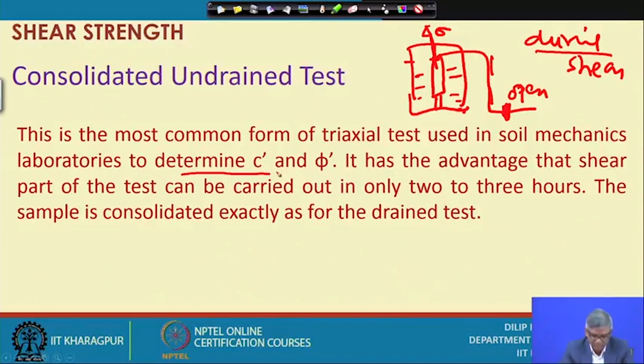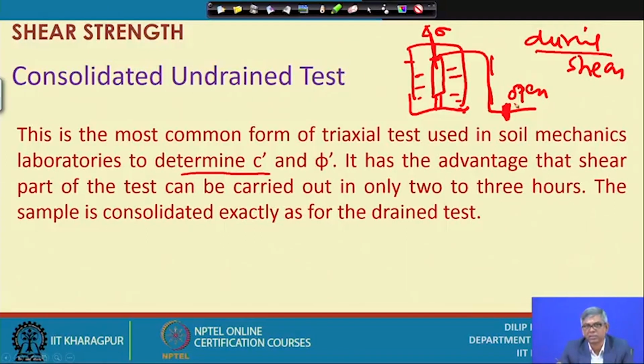It is useful in the sense that during shearing, when we apply additional axial load, pore pressure develops immediately. So, we can keep some apparatus or monitoring to measure the pore pressure at each load increment.